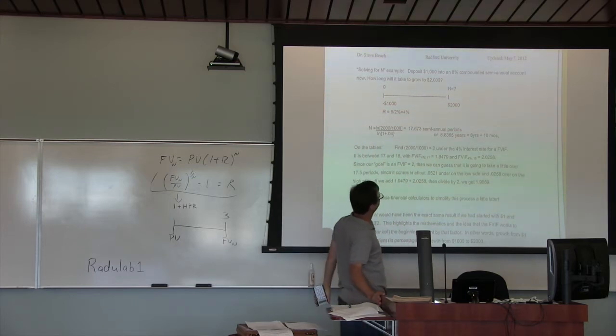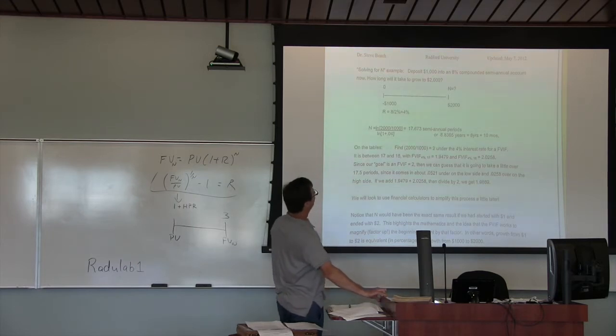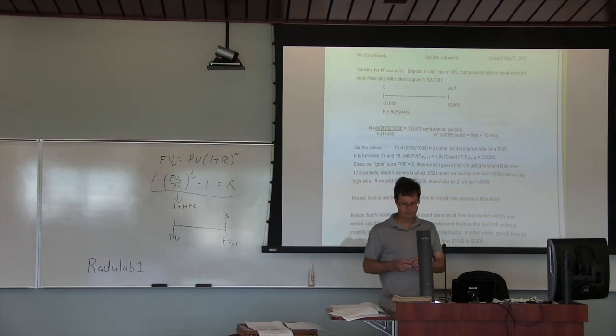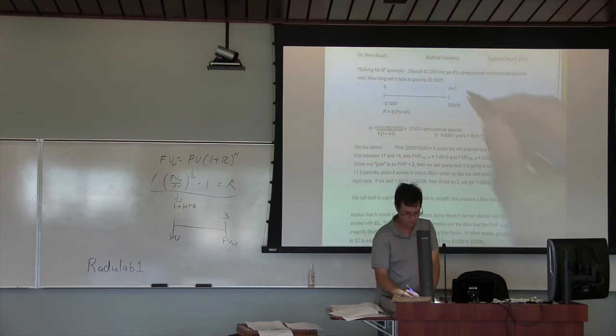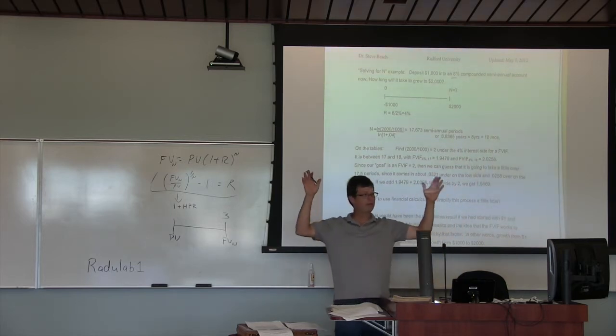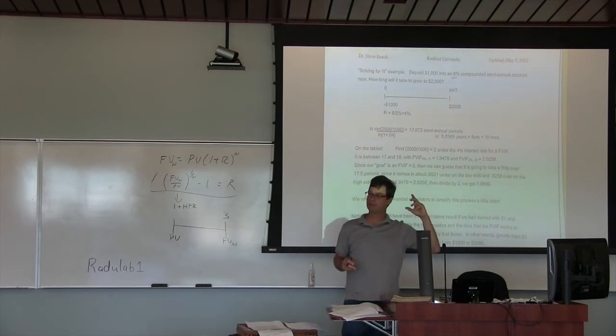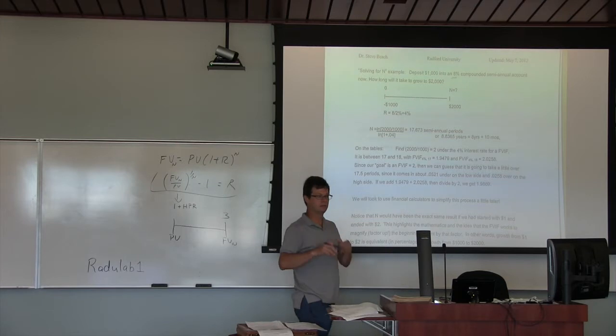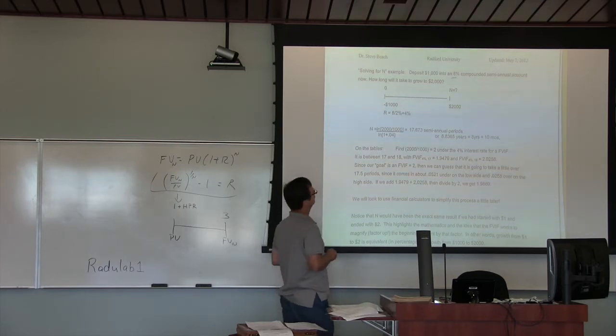We're told it's going to grow to $2,000 over some period at 8%. Remember this: unless somebody jumps up and down and points it out, you're always given the annual rate. So the 8% is the annual rate, although it says compounded semi-annually.